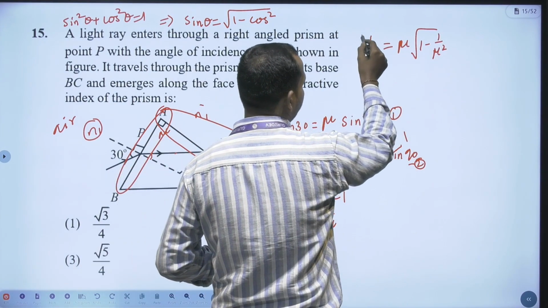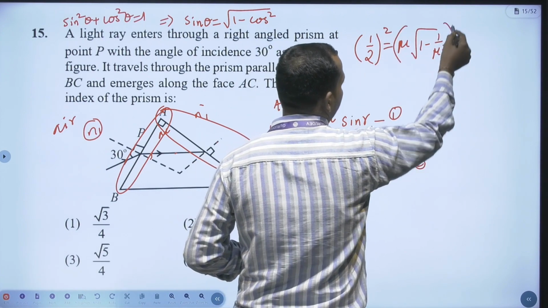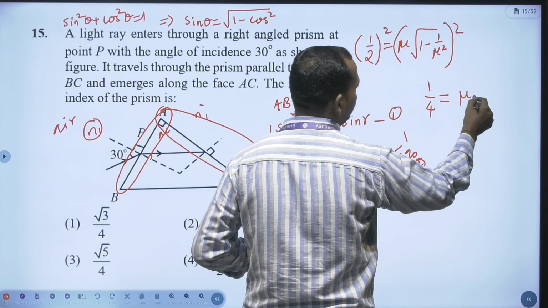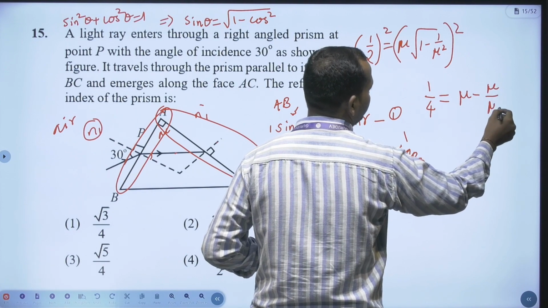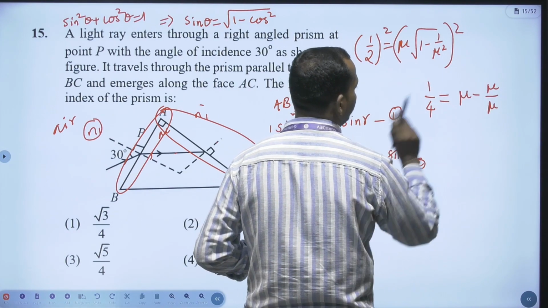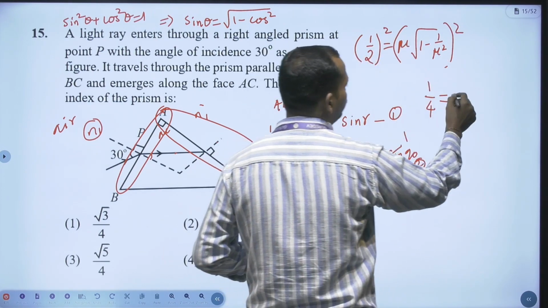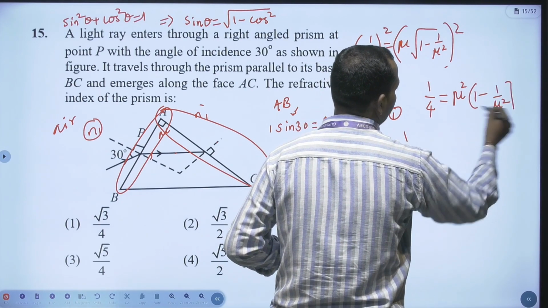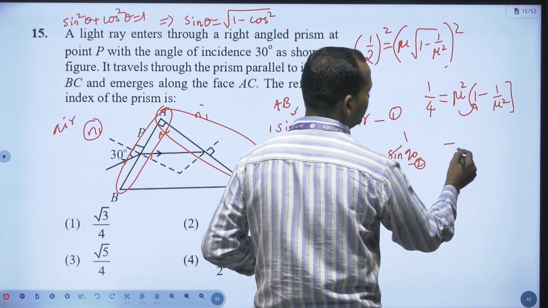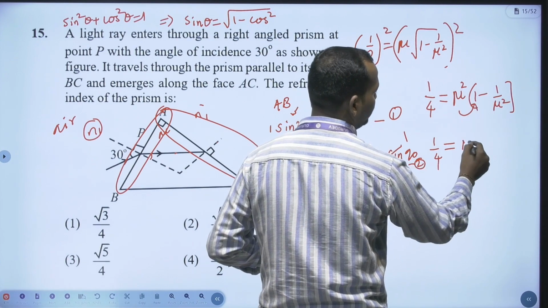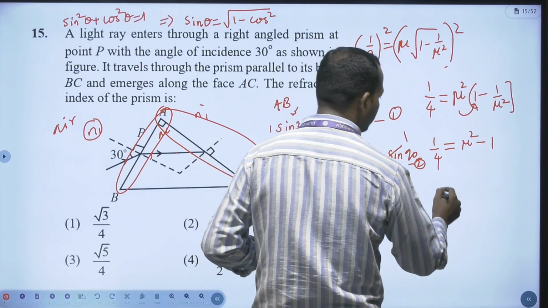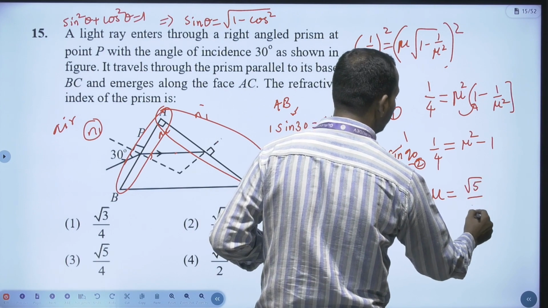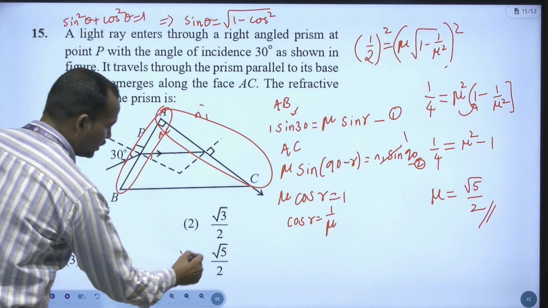Now squaring on both sides, this becomes 1 by 4, which is equal to mu square into the bracket of 1 minus 1 by mu square. Taking mu square inside, it is 1 by 4 equals mu square minus 1. Then from here, mu is equal to root 5 by 2. So this is the answer. The fourth option is the answer, guys.